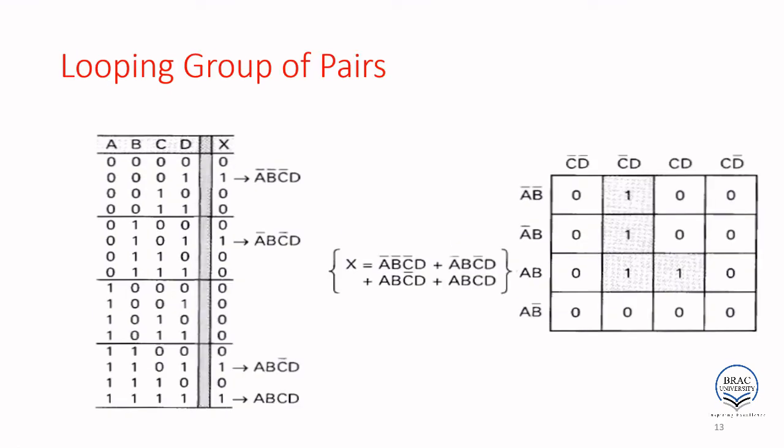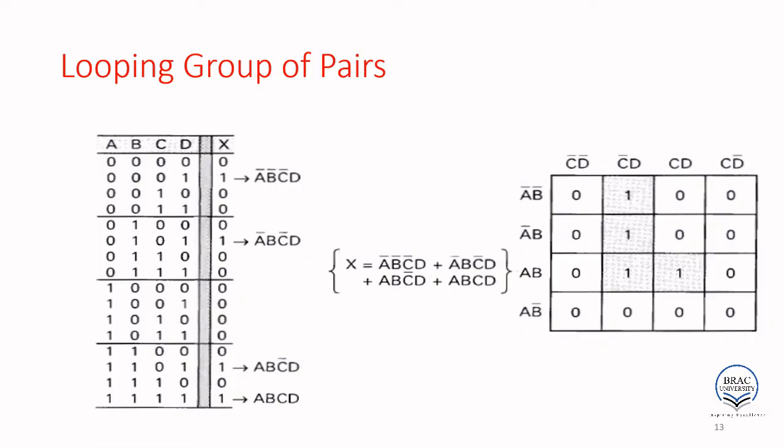For looping a group of pairs, you have 4 input variables here. This is your truth table that is given. So you have 16 cells, then 4 rows and 4 columns. So it can be represented like that: A prime B prime, A prime B, A B, A B prime. Similarly, C prime D prime, C prime D, C D, C D prime.